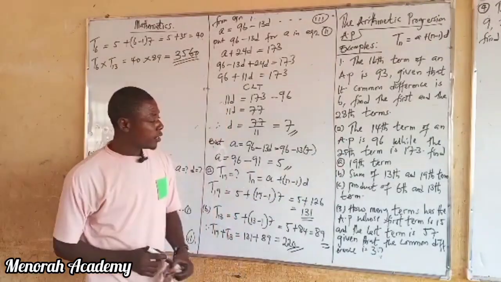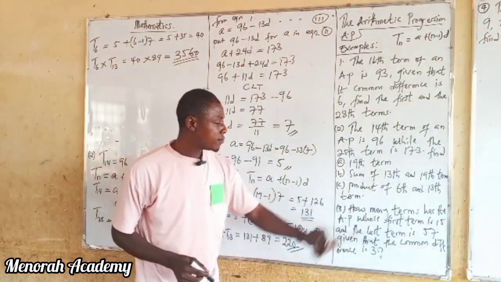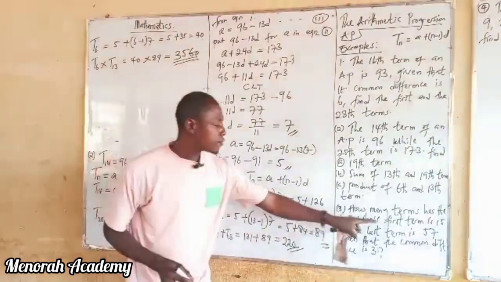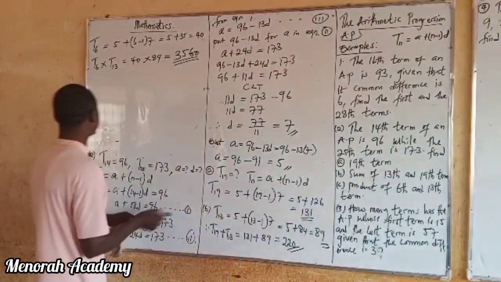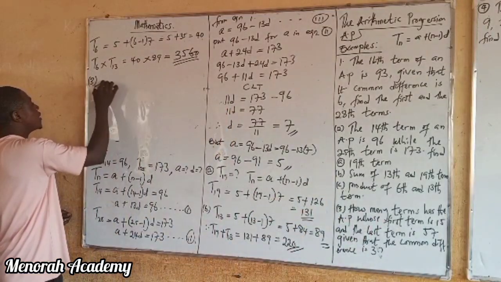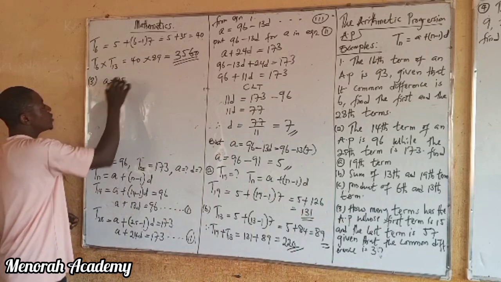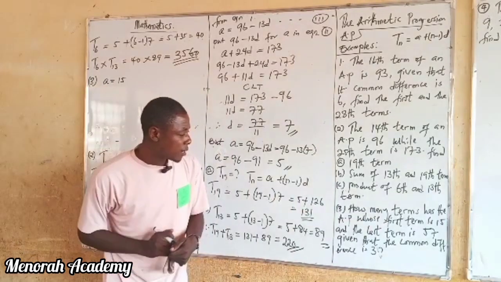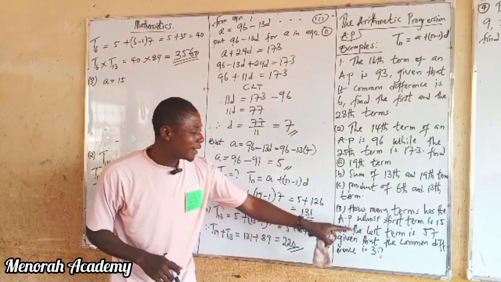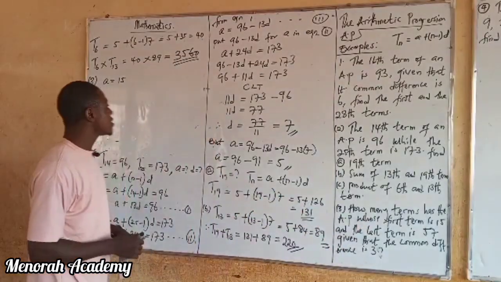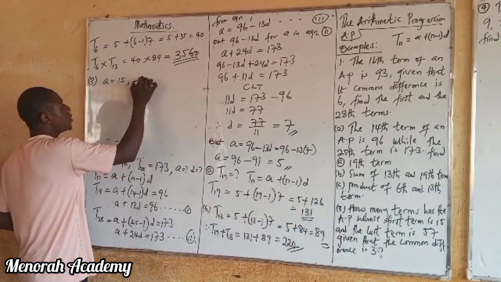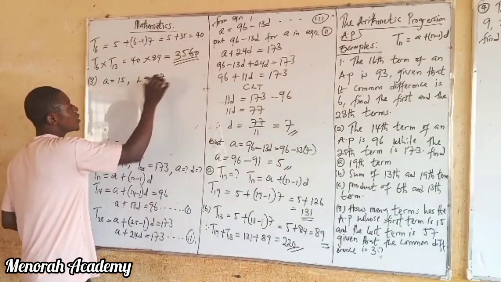Then the number 3 question: how many terms has the AP whose first term is 15? The first term is given to be 15, and the last term is 57.